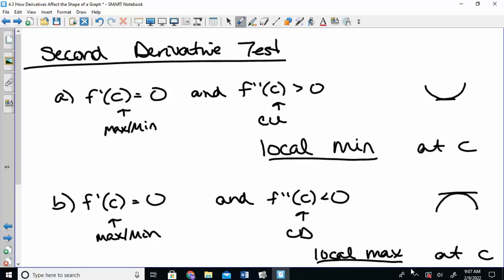I don't use this a whole lot. First of all, I think it's something we can reason through. It's not necessarily something you need to go home and sit and study and try to memorize, because we can reason through it. The second reason the second derivative test isn't always all that great is because if the second derivative is also 0, it doesn't tell us anything.